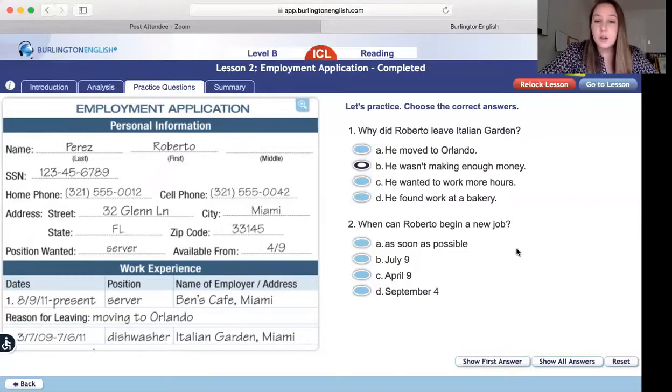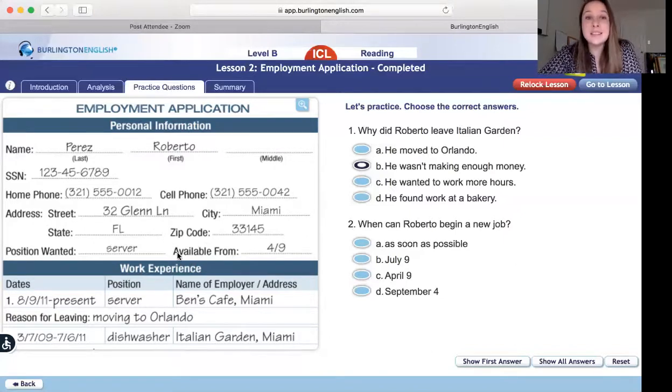So looking for the information, we are going to look up here at the top. We see name, social security number, home phone, cell phone, address, position wanted, and then available from.